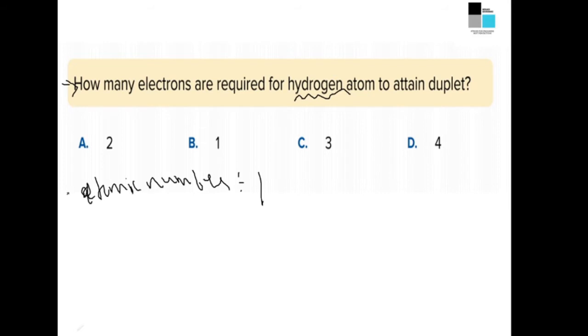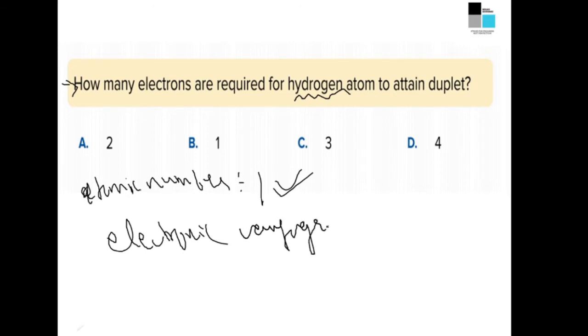We have studied in class 9th that if the atomic number is given, we can write its electronic configuration. Here the electronic configuration is 1. This hydrogen atom should attain a duplet, so it should have 2 electrons in its outermost shell.